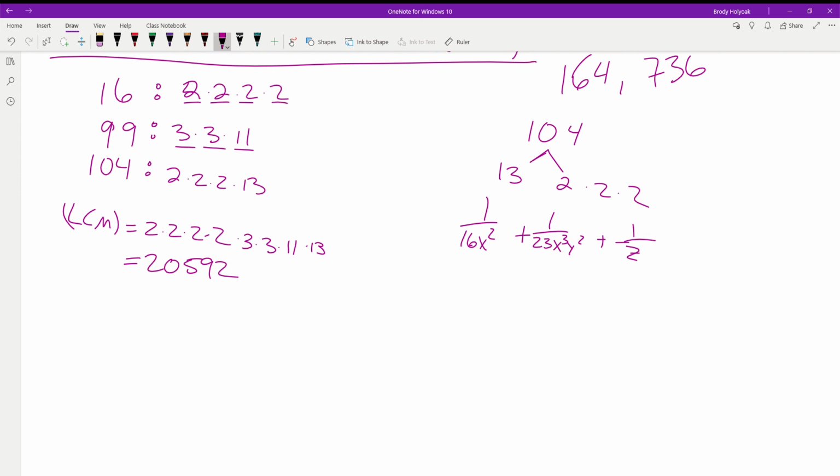That way, if you guys have questions of what I'm writing, that's what they are. But for the same reason here, we have denominators that have different values. We would go through the exact same process, factor these guys out, create our least common multiple, and then we know what we have to multiply this by to get to this value. This is why we're doing that, so we can start getting into where we have variables included in our fractions.